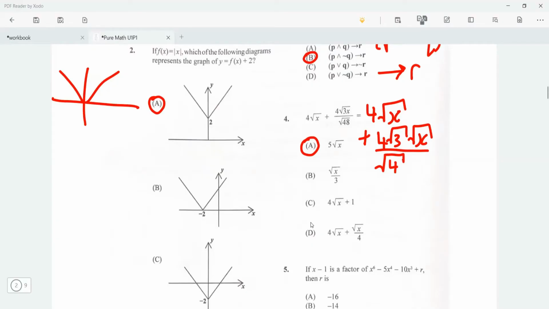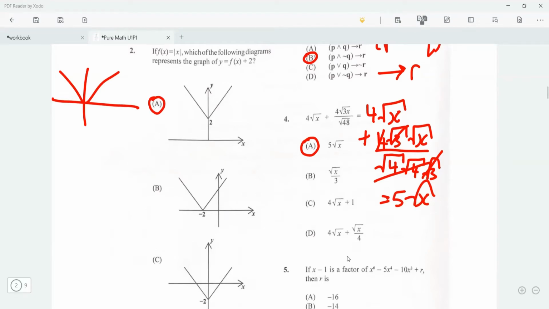And then 12 is 4 times 3. So it's root 4 times root 4 times root 3. Root 4 times root 4 is 4. So this 4 cancels the 4, root 3 cancels the root 3. So 4 root x plus root x. That's 5 root x. That's option A.